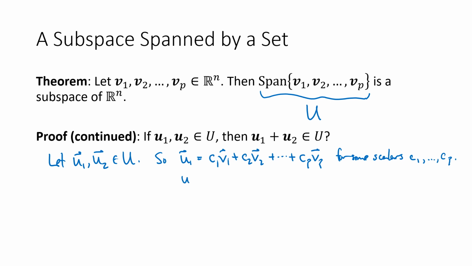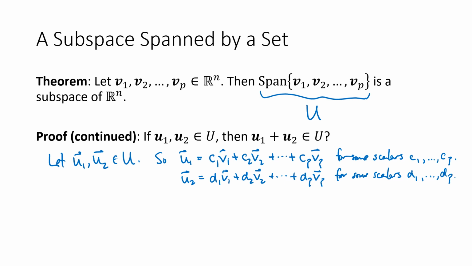And u2 also looks like that, but probably not using c's again, because it's probably not the exact same linear combination. So I should probably use different letters for my linear combination. Maybe I'll call them d. So d1 v1 plus d2 v2 plus dp vp for some scalars d1 through dp.